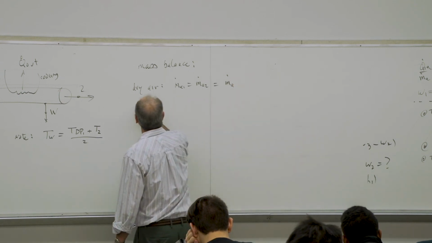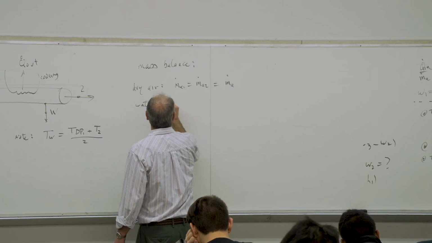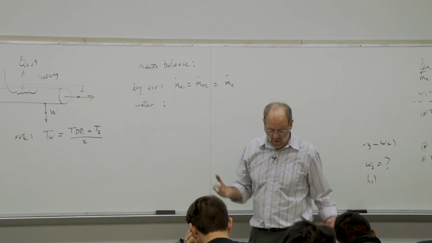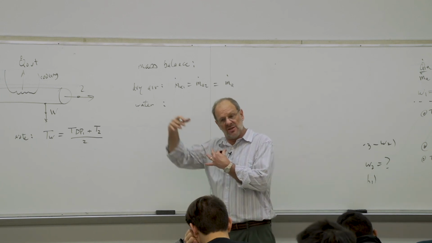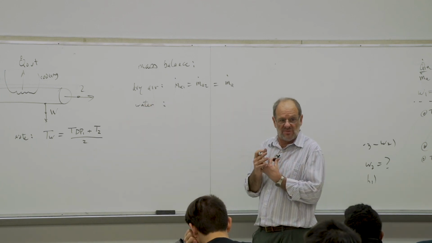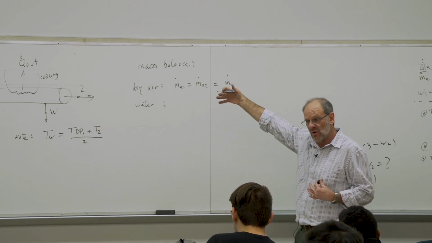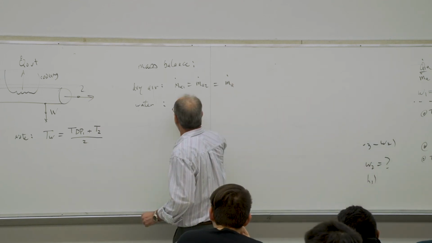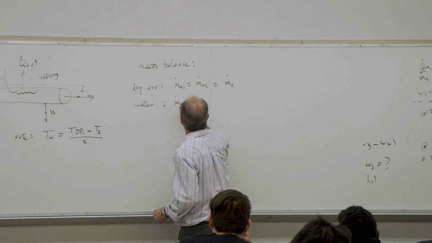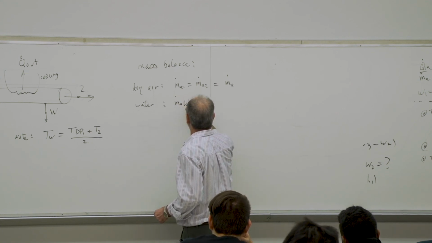And then with regards to the water, well, we know that there's water coming in with the atmospheric air as water vapor, but then there's liquid water draining out, and there's water vapor going out with the atmospheric air. So we have m dot A times omega 1.